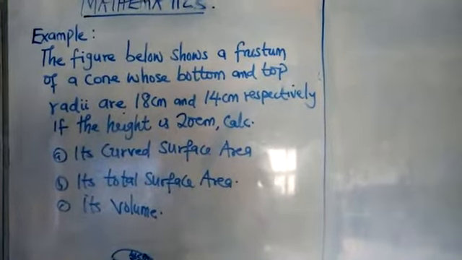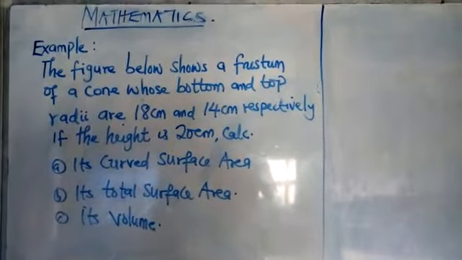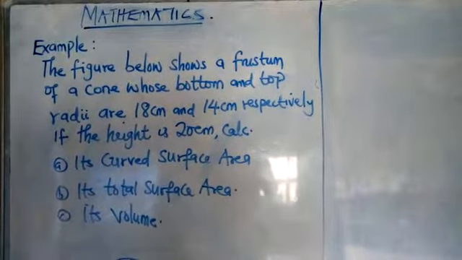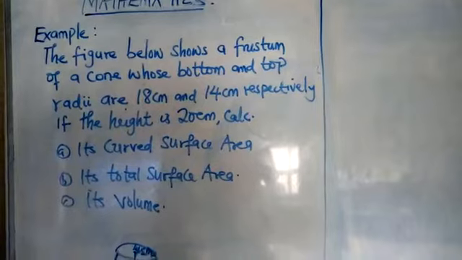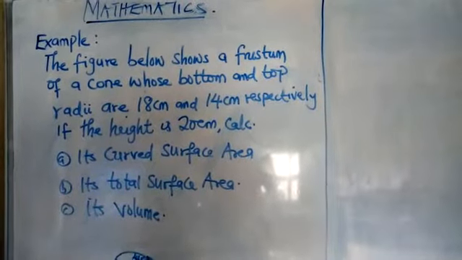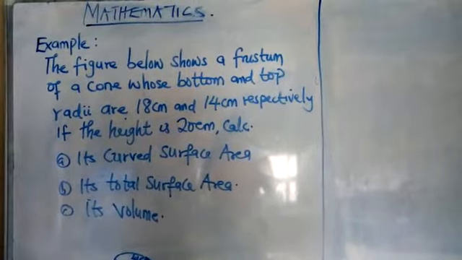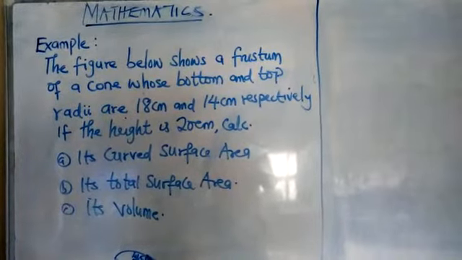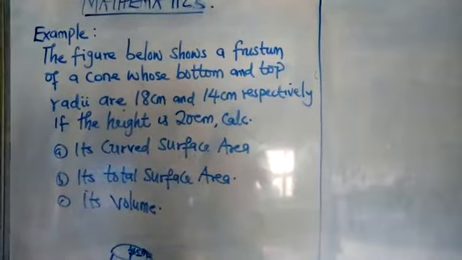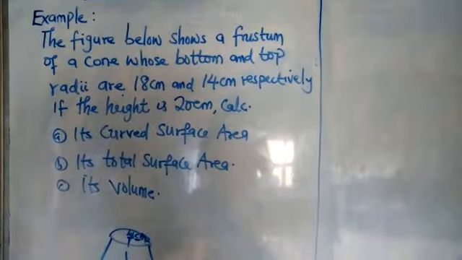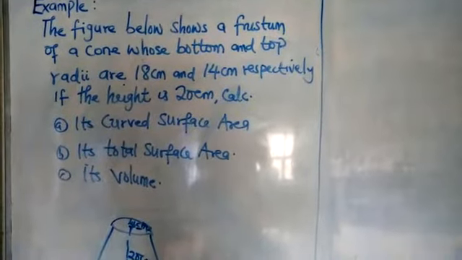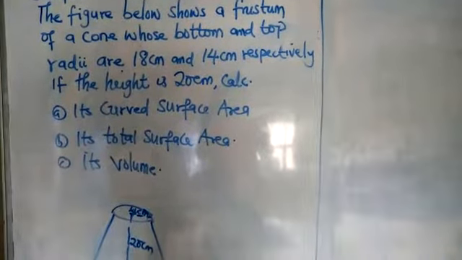Now, here is an example on the frustrum of a cone. The question is, the figure below shows a frustrum of a cone whose bottom and top radii are 18 cm and 14 cm respectively.